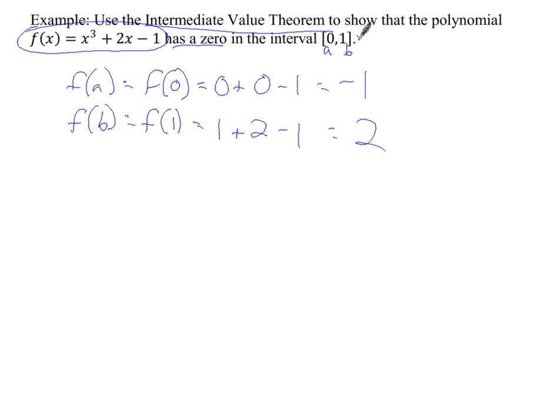So k in this case would be equal to 0. Has a 0 means k equals 0 is what we're trying to find. Okay? What value of c is it? I don't know. But it's between 0 and 1 for sure, because I just proved that using my intermediate value theorem. So, show that the polynomial has a 0 in the interval 0 to 1.